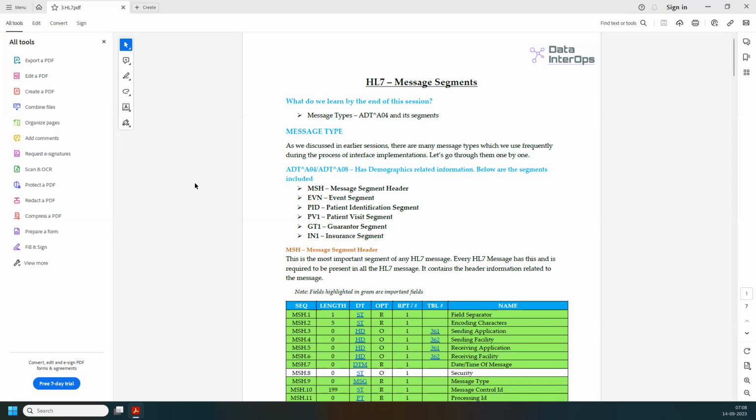We will talk about the structure and the important fields in each of those segments, and relate it back to real functional scenarios. We will explore each of these fields. Wherever an explanation is necessary or workflow related aspects are necessary, I will cover that.